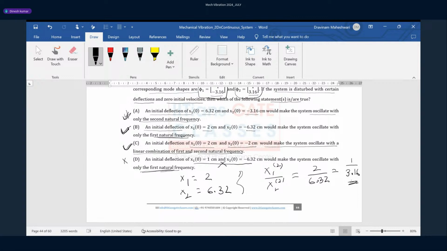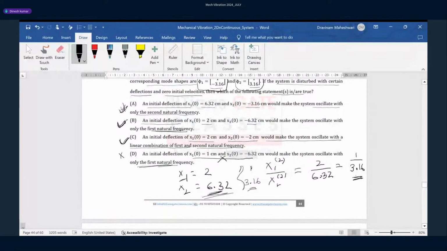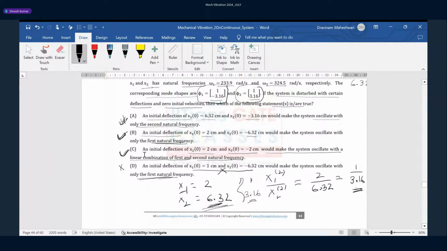A can be correct if they have given a condition like this, or if they have given initial displacement for x1 as 1 and initial displacement of x2 as 3.16. So hope it is clear. If not, let me know. If any doubt, guys, please let me know in this question why B and C are correct, not D, and A is not correct.